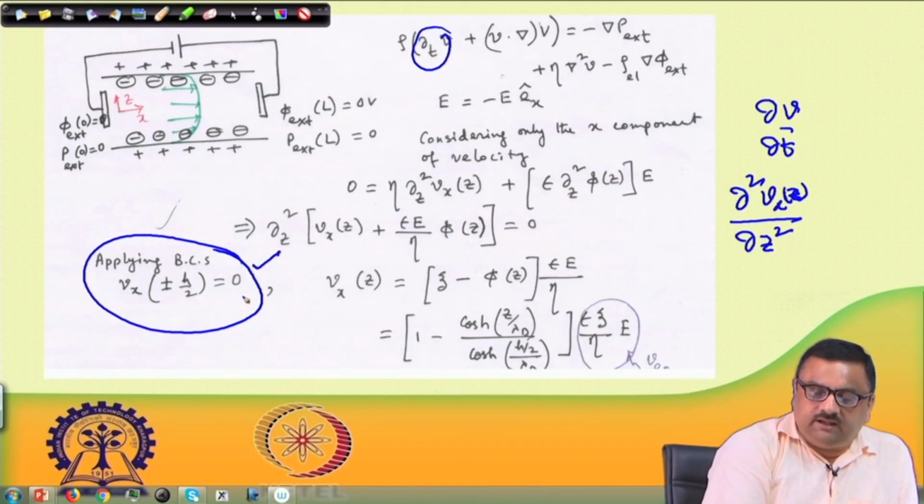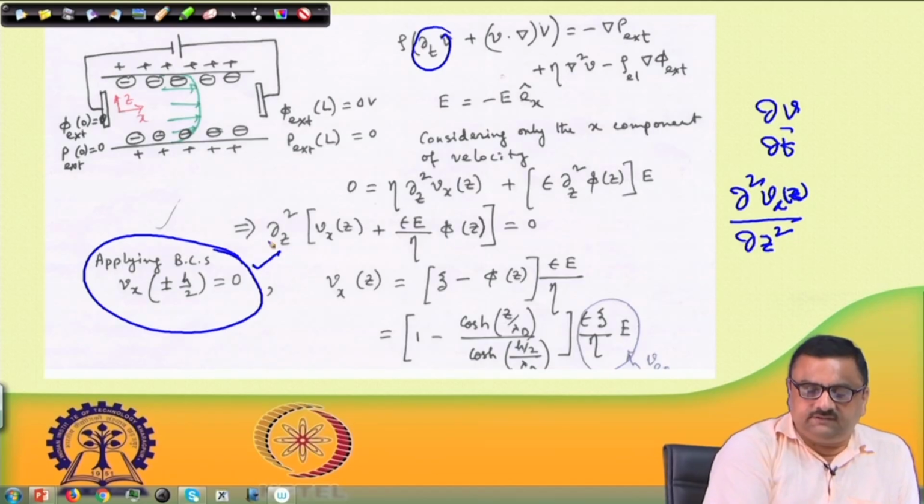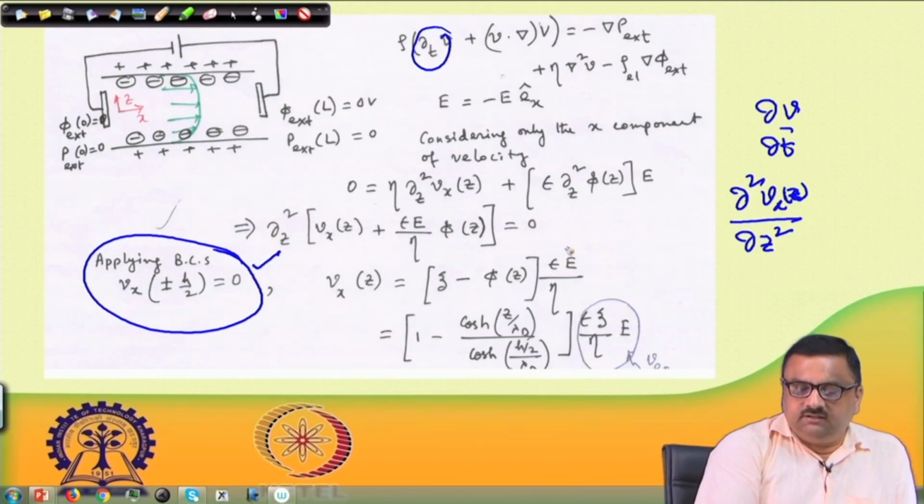If we apply these boundary conditions and take a solution of these, first of all del square del z square of this is equal to 0. So, del z of this is equal to a constant, and then this quantity would be a constant multiplied by z. One can work with these and apply the boundary conditions, and this is the solution one ends up with.